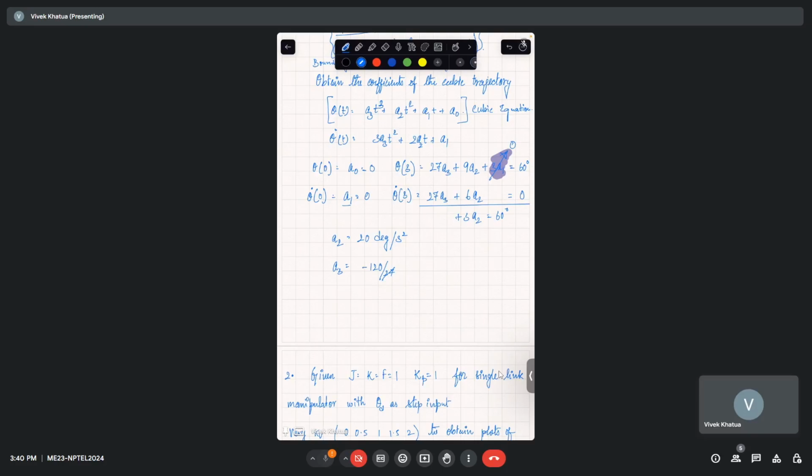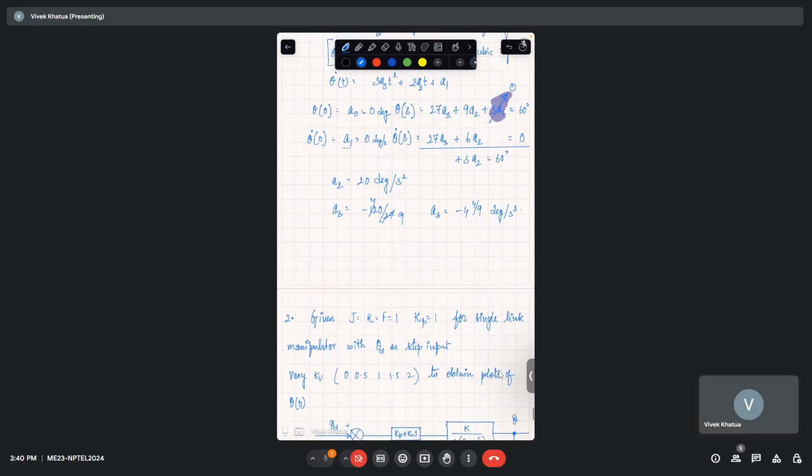This is 9, 4, 4, right? So you will have 36 is 4 times, right? Minus 4, 4 by 9. This should be degree per second cube, right? This is degree per second, and this is degree, right?